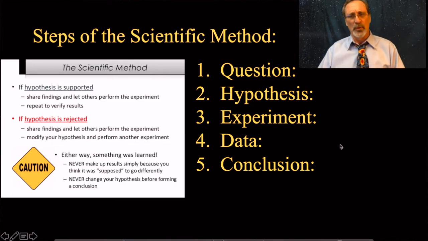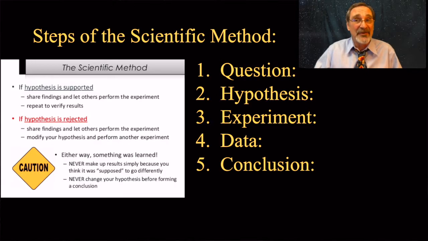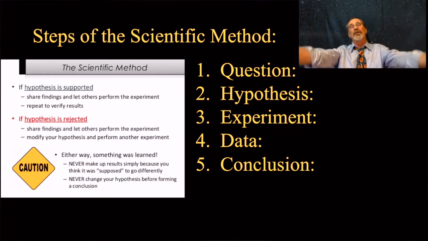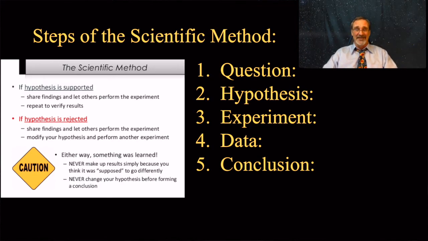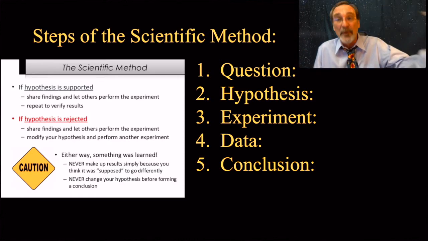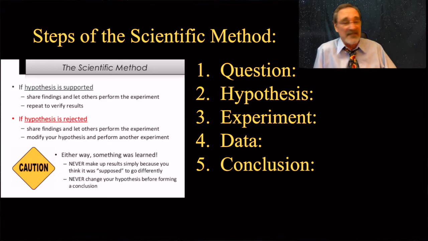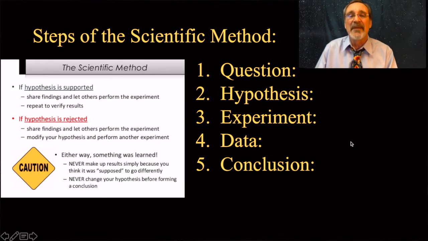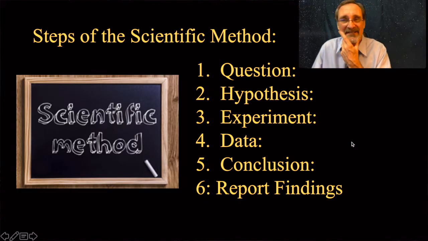And now, are you all done? After your conclusion, you can't just call it done. You have to report your findings to the other scientists, because scientists need to communicate with each other and compare answers. And sometimes scientists will repeat the experiment to verify that a scientist got it right. That's the sixth step, reporting findings.